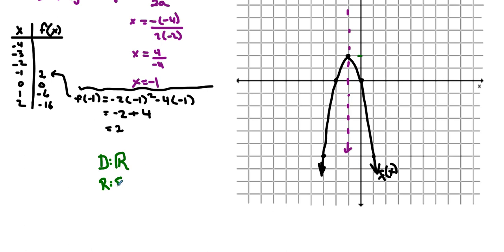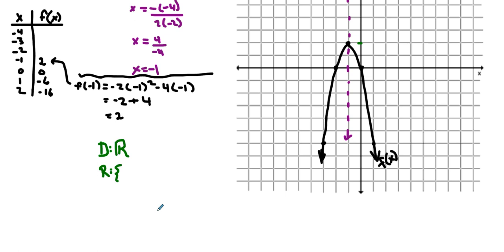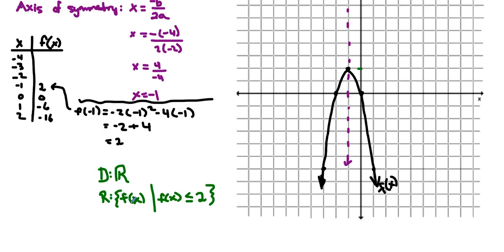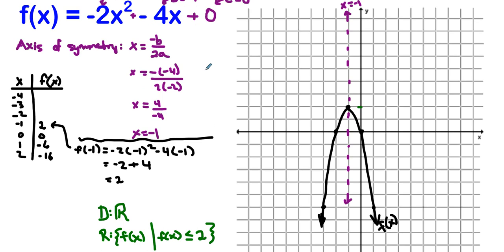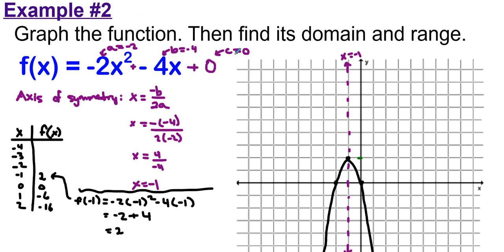So I'd say the set of, since we're dealing with f of x, the set of f of x such that f of x is less than or equal to 2. So instead of using y, we're using function notation, so I should represent this with function notation. All right, so there we go. That is all this problem asks of us.